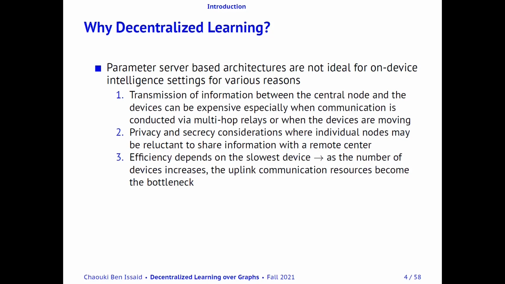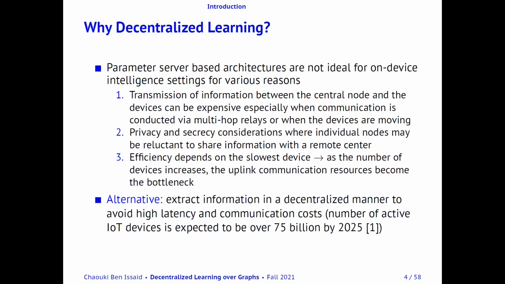Finally, the efficiency of the learning algorithm depends on the slowest device, since as the number of devices increases, the uplink communication resources become the bottleneck. That is why it is more practical to exchange information in a decentralized manner, and this can help to avoid high latency in communication costs, especially as the number of IoT devices is expected to be over 75 billion by 2025.